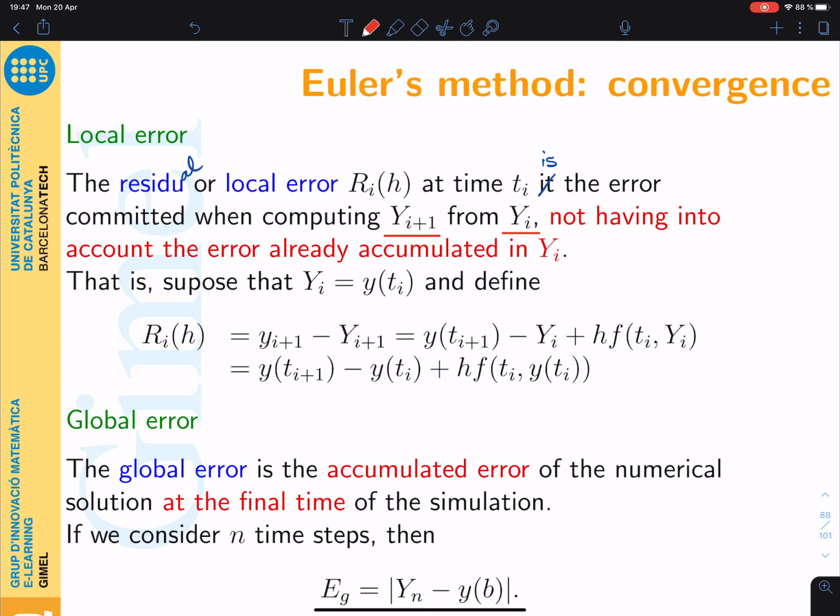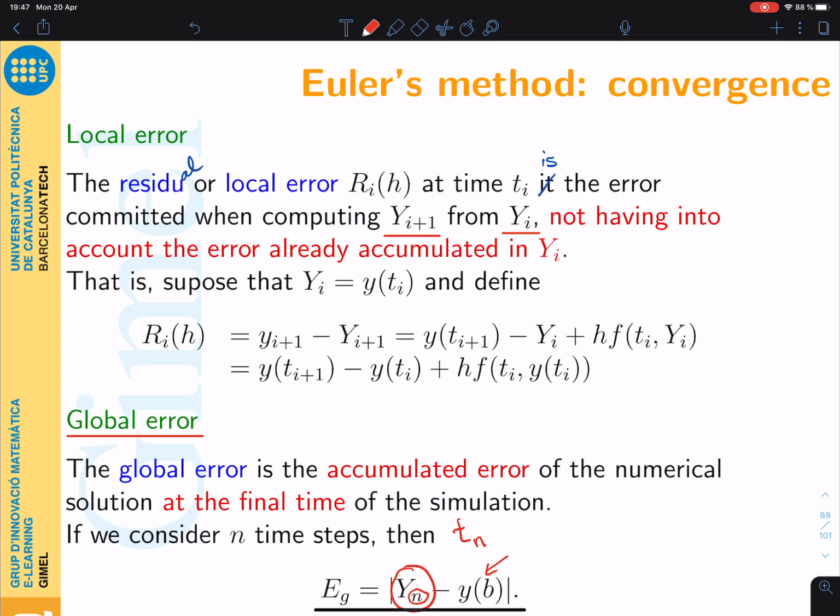On the other hand, what we call global error is the overall accumulated error of the numerical solution at the final time. So the global error is the difference between the numerical approximation at the last point, which is always tn, and the exact solution at that point.